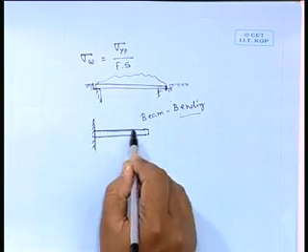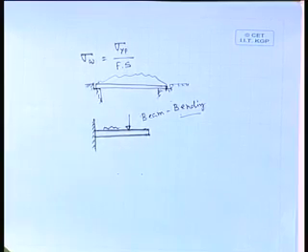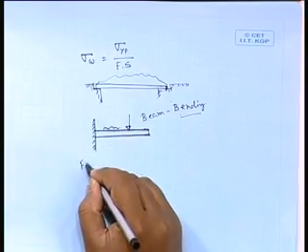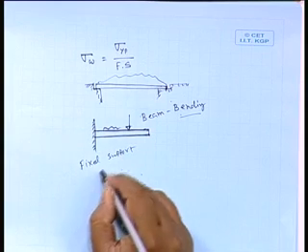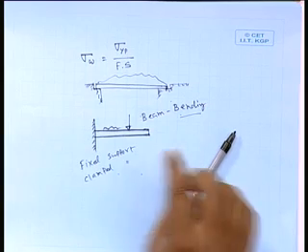Say there is a member like this, and there might be some loading on that, and it is connected to some wall or some strong vertical support. Now, that type of support we say it is a fixed support, or sometimes we say it is a clamped support.